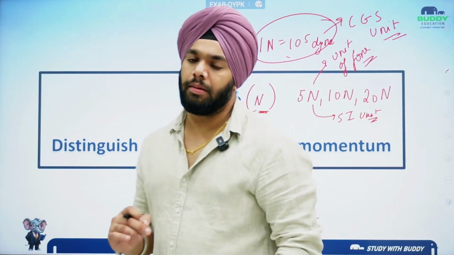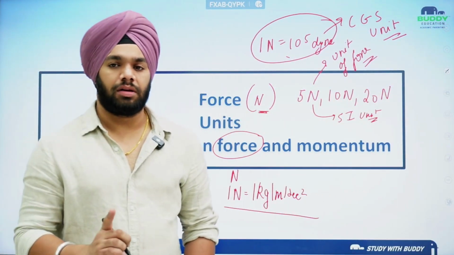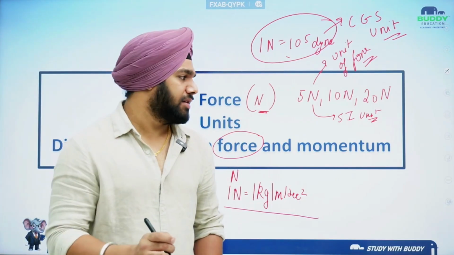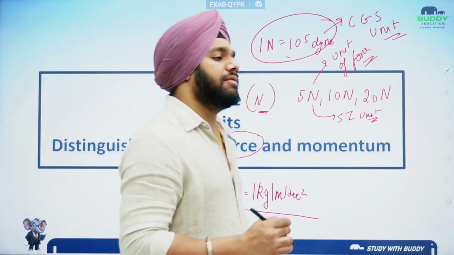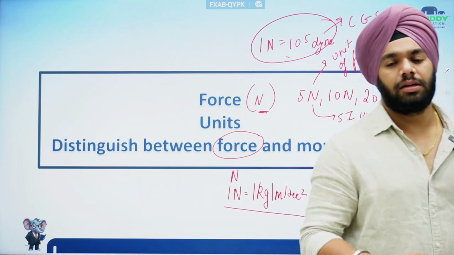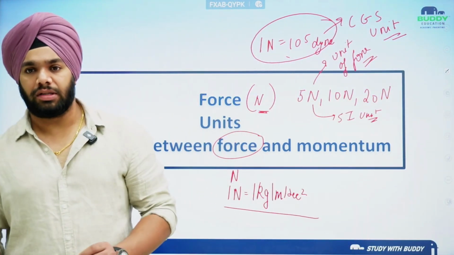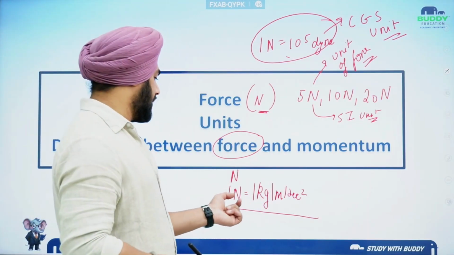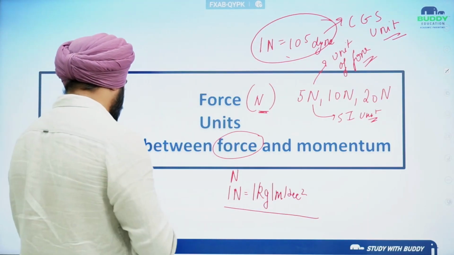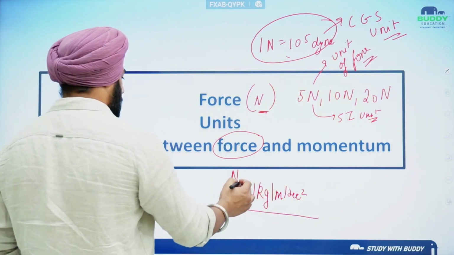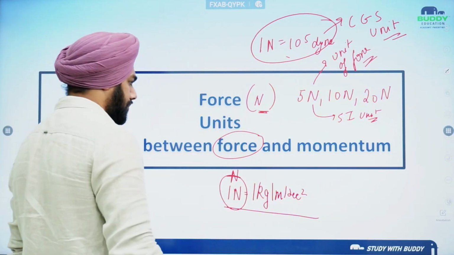This is what we need to remember. So what is 1 Newton? Again, write down this. 1 Newton is basically when 1 kilogram object moves with the acceleration of 1 meter per second square. That is when we term it as 1 Newton, because they will ask you what is unit force. So you can simply tell about the unit force, okay?